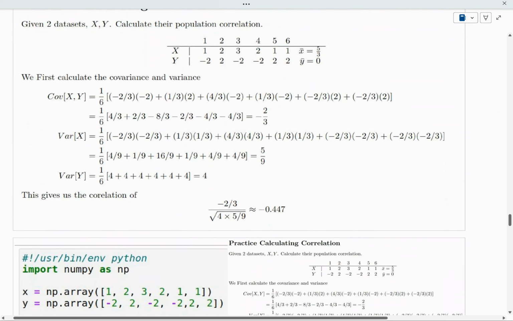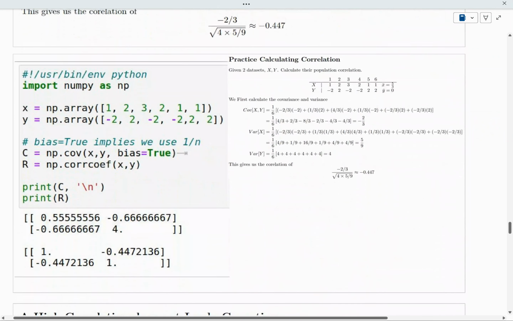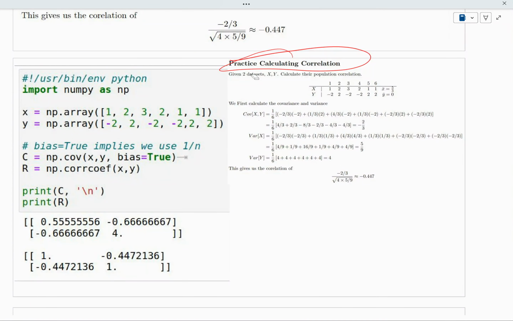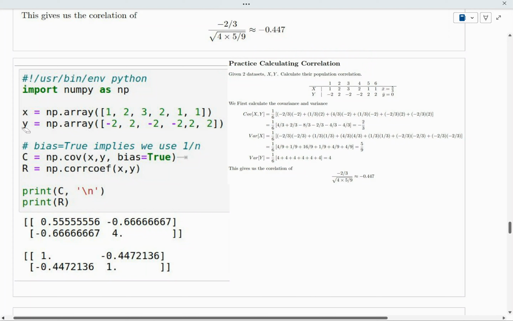Okay, so hopefully you're able to get the right solution. Now, when we practice calculating correlation, you can also do this in NumPy. So let's say we have two variables, x and y. Notice that we can call NumPy covariance or correlation coefficient for this. However, it didn't generate a number. Instead, it generates a matrix. Why is that? It's because this is actually called a covariance matrix.